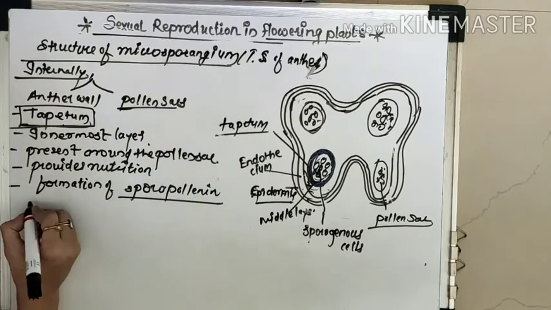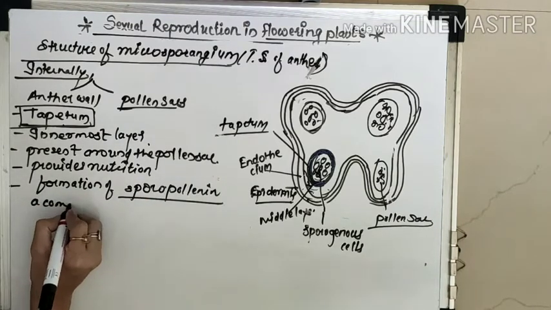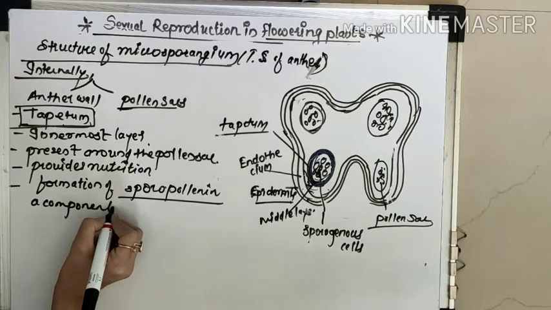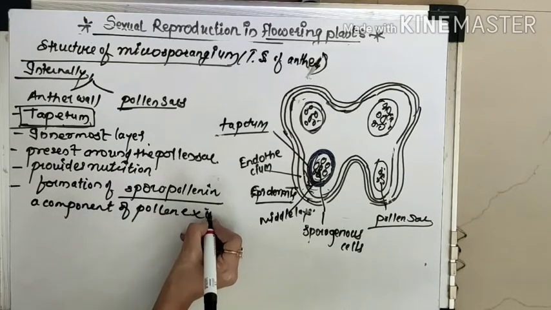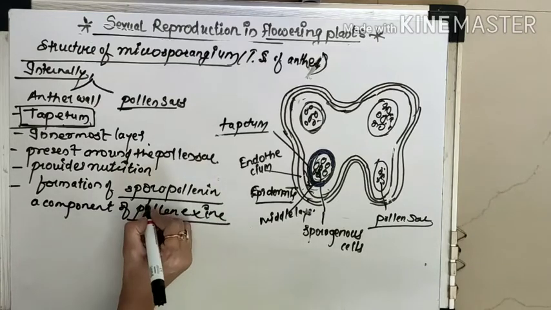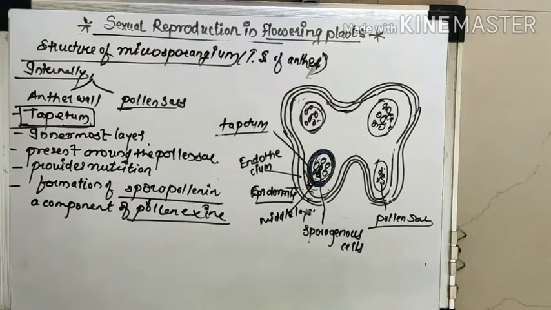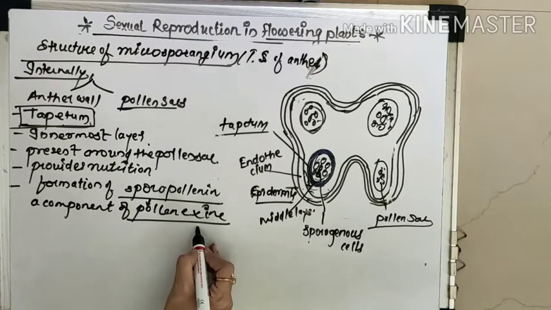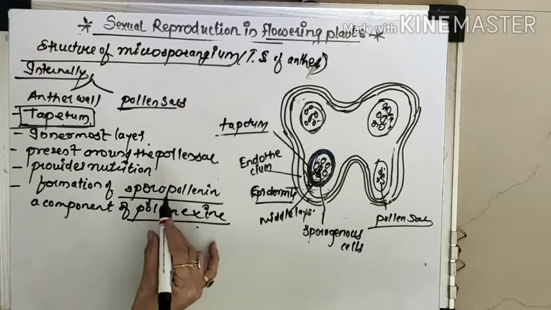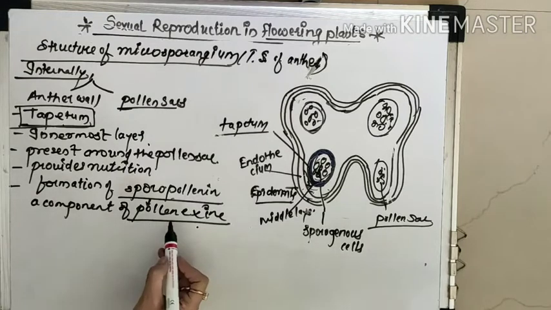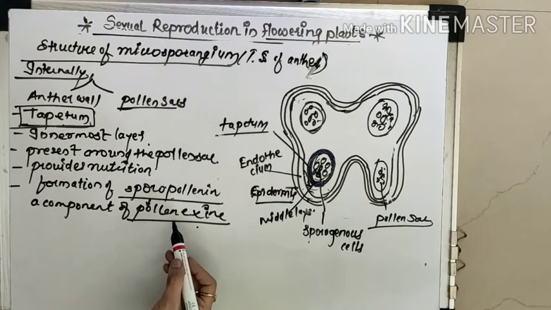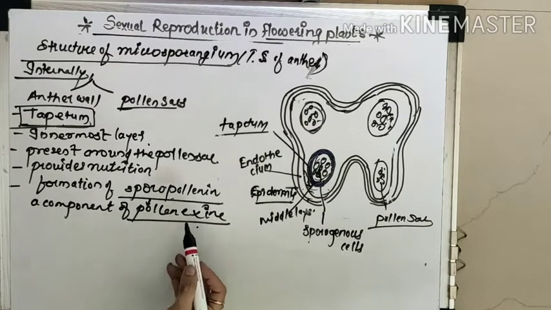Okay, and that sporopollenin is nothing but a component of pollen exine. What do you mean by pollen exine? There are two walls present in pollen. The outer wall is known as exine, the inner wall is called intine. So sporopollenin is one of the components of this outer layer of the pollen, that is called exine.